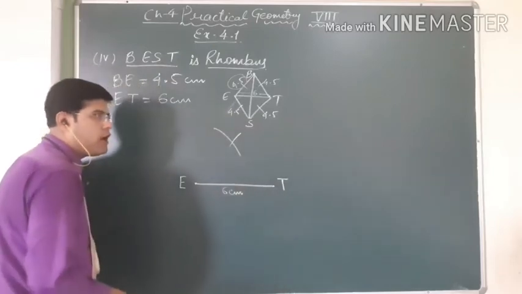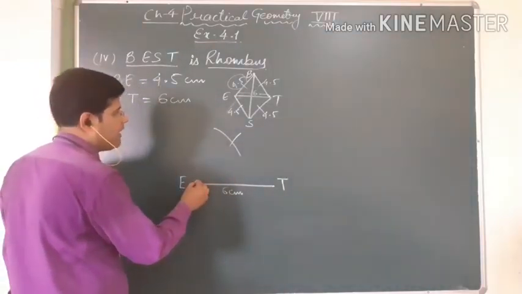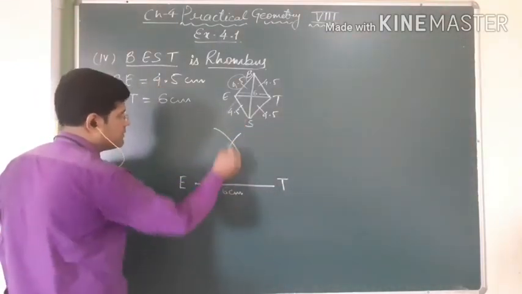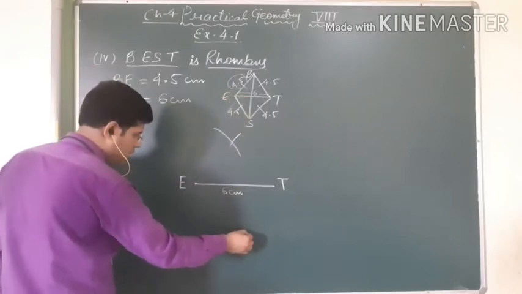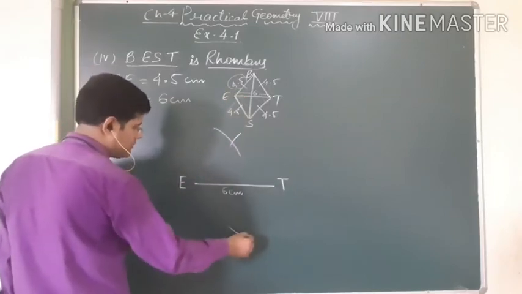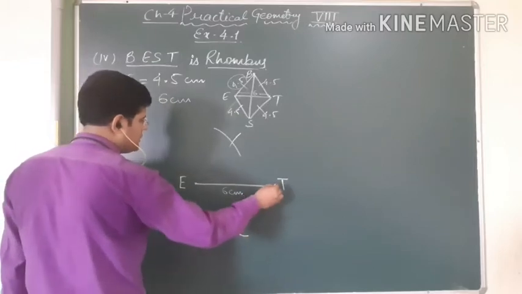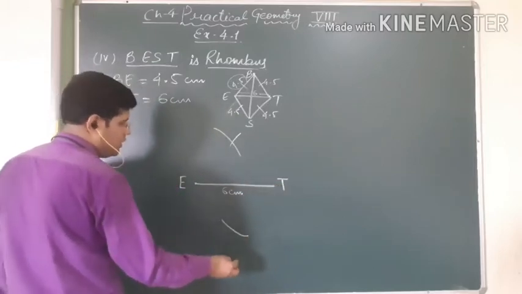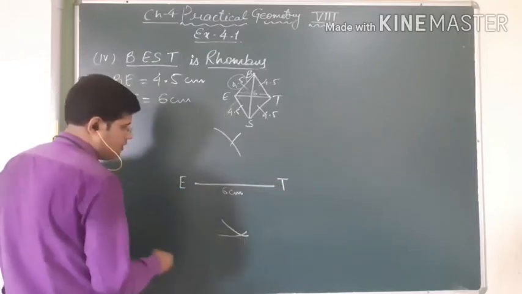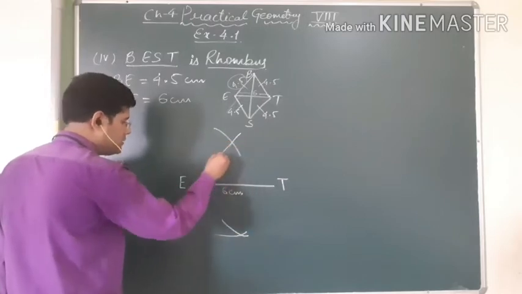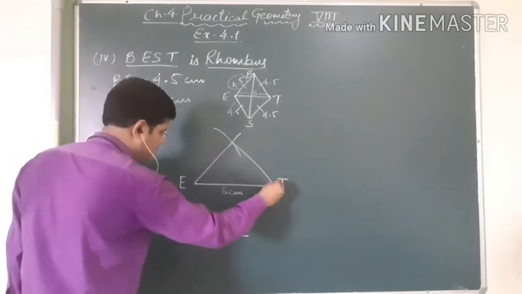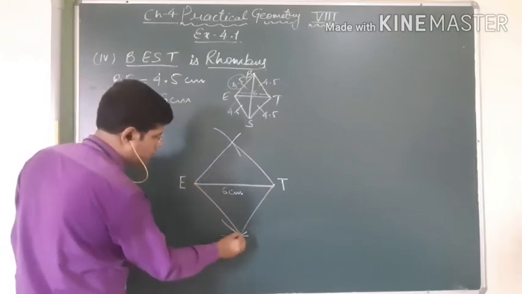Now from the point E, make an arc of 4.5, that is ES, and from the point T, make the same 4.5. So join these lines. If you have joined these lines, you have obtained the rhombus.